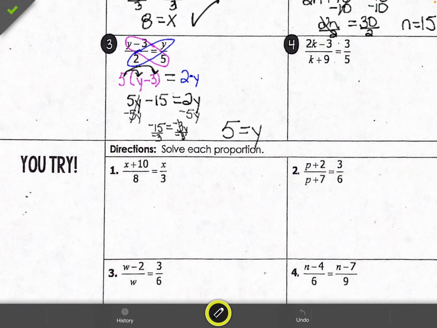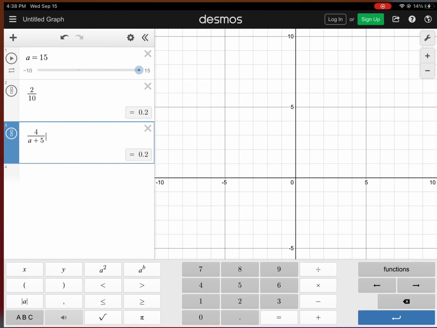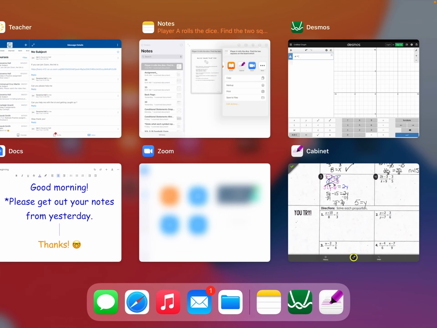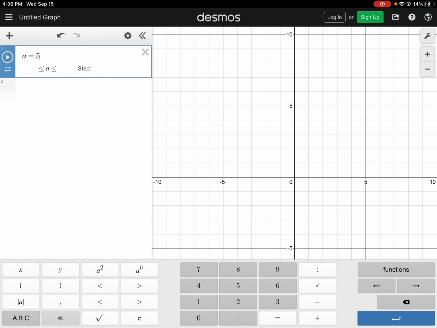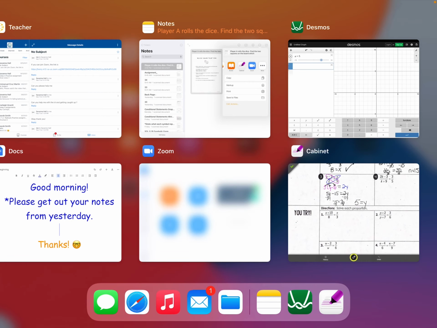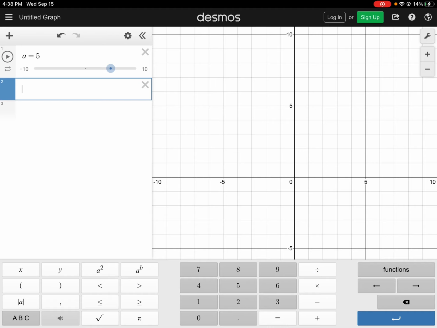All right, so again, you can check this. So now you don't just have a number on one side. So you're going to go to Desmos. Again, do not use X, Y, or R. I'm going to stay with my A, just out of habit. And so we got the answer to be 5. So we're going to say A equals 5. And then we're going to type in the left side. The left side was y minus 3 divided by 2.